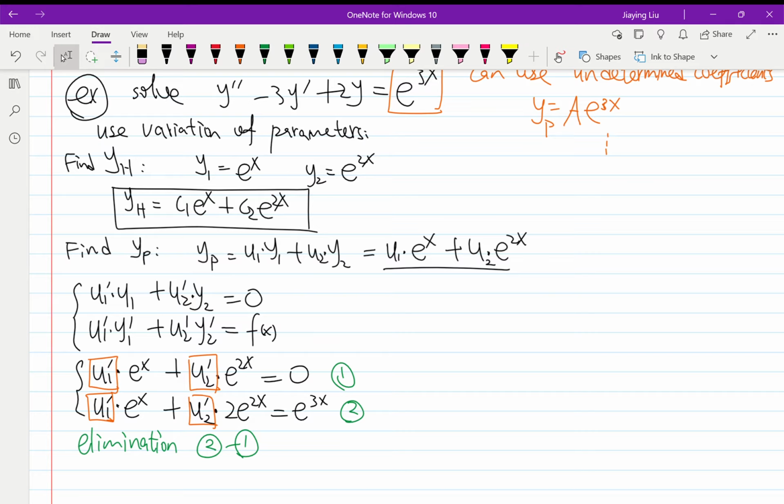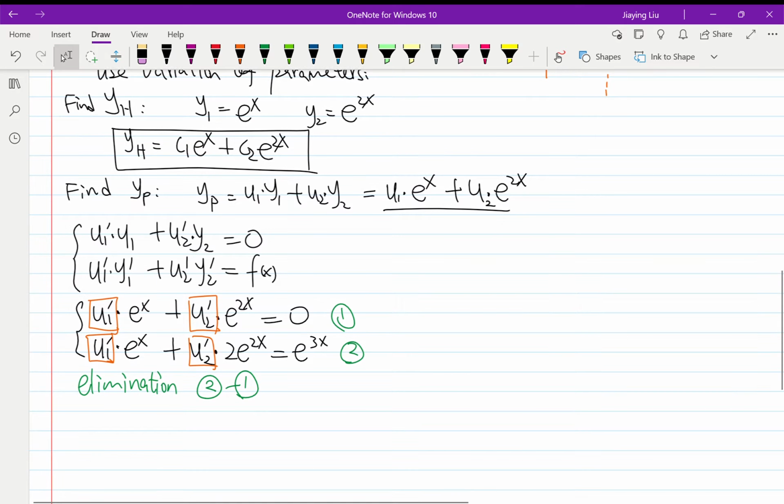So if I take twice of this minus the first one, I end up with 1. So that's a u2 prime e to the 2x. And then the right-hand side gives me just e to the 3x minus 0, e to the 3x. Any questions?